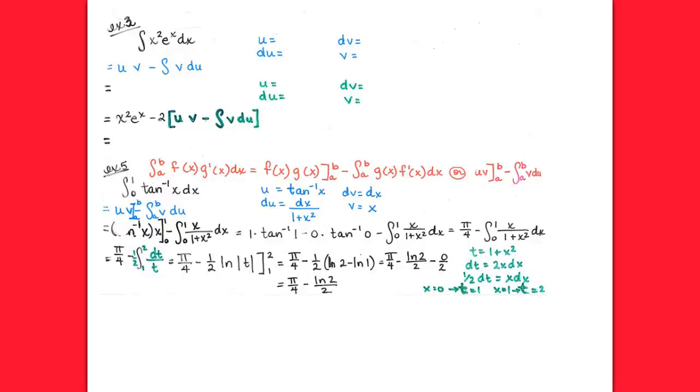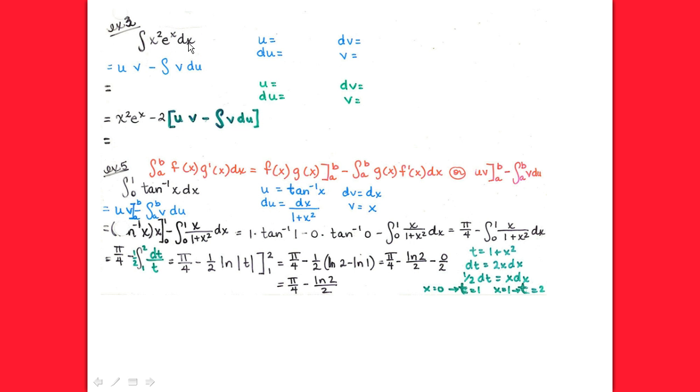Look at example 3. For example number 3, I have x squared and I have e to the x dx. So if I'm looking at that and I'm trying to figure out, do I want u to be x squared or do I want u to be e to the x? Do I want dv to be x squared dx or do I want dv to be e to the x dx?